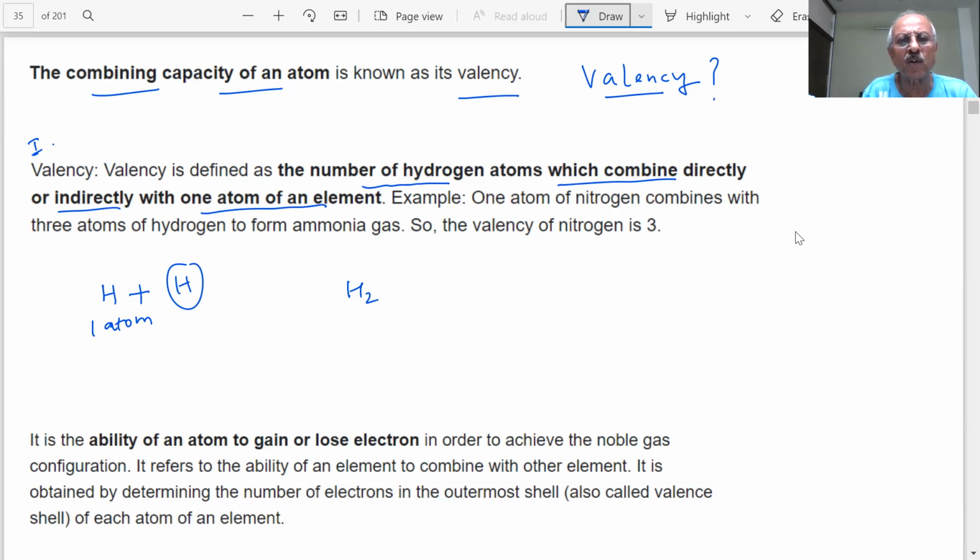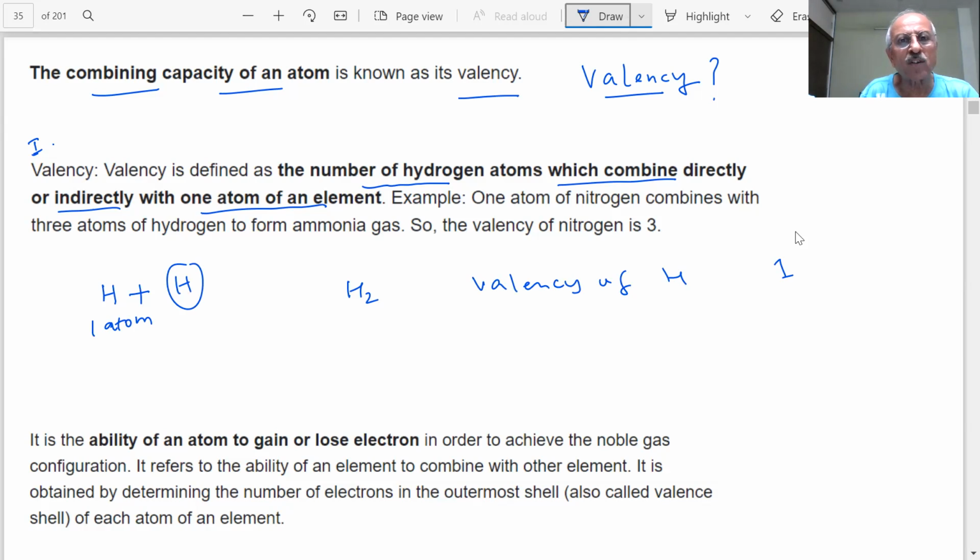So here, what is the valency of hydrogen? 1. In the book they have given a table of valencies of the elements. These are not positive or negative charges. Did I say any positive or negative? No.